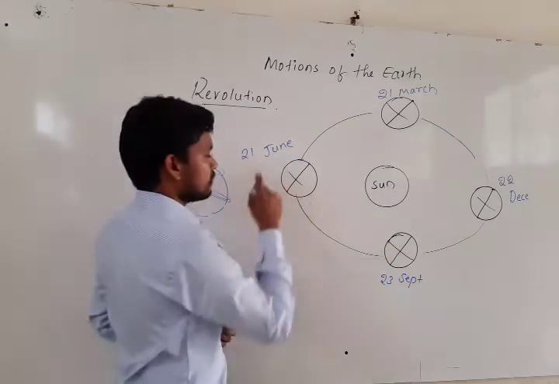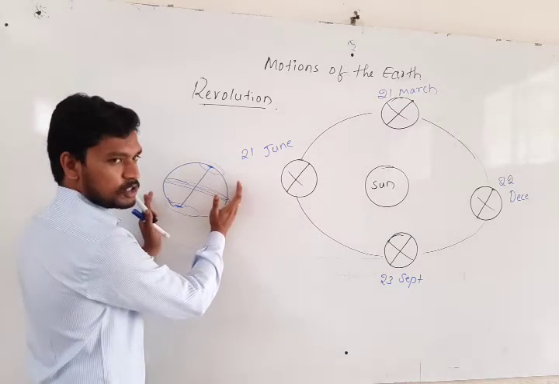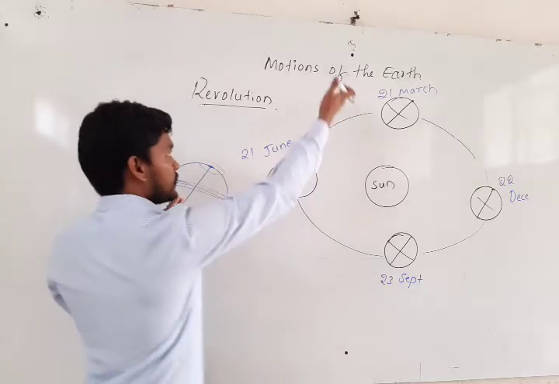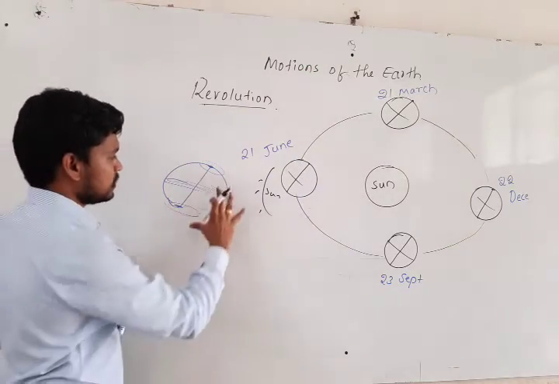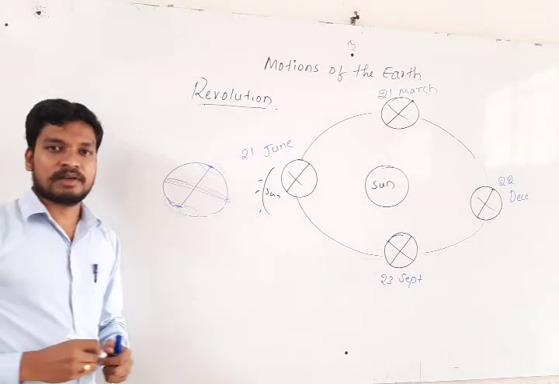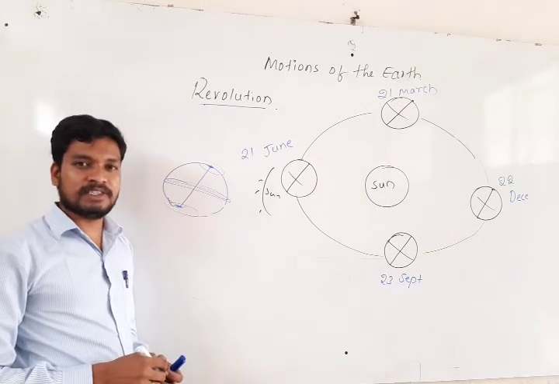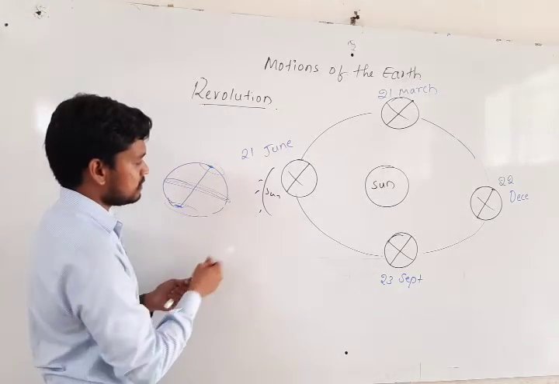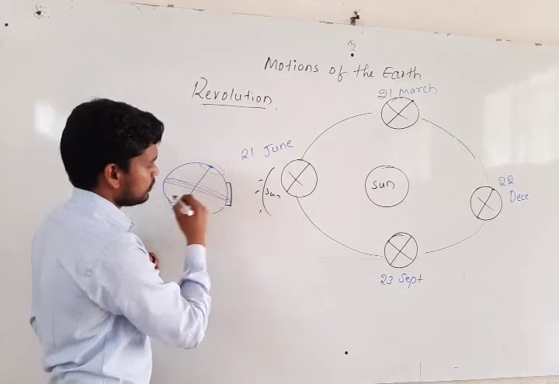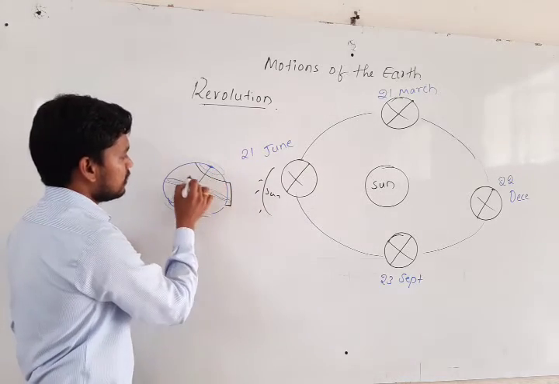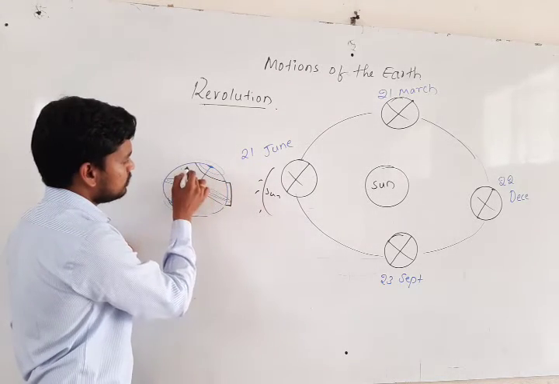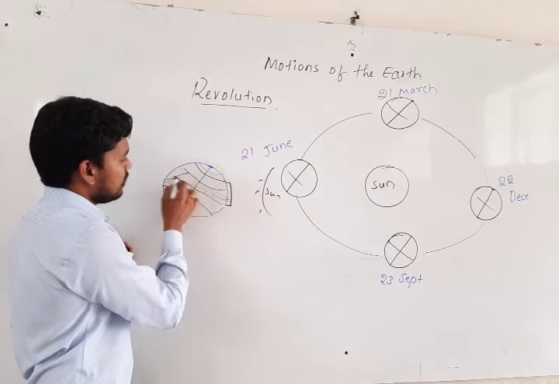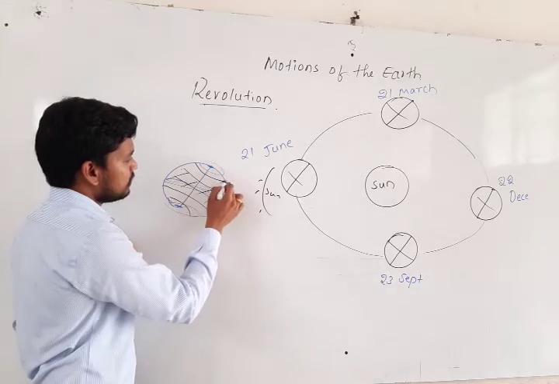But here, the Earth is positioned in the same direction and the Sun is here, meaning the Earth has moved from there to here. Which region receives direct sunlight now?